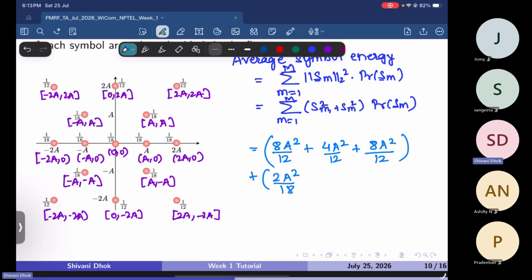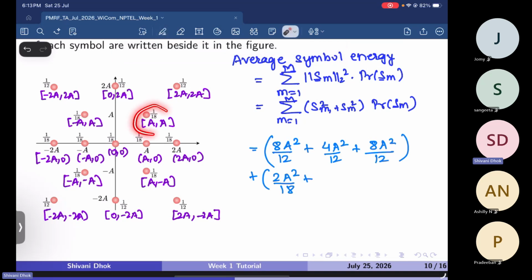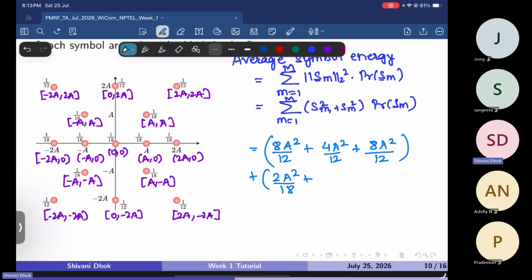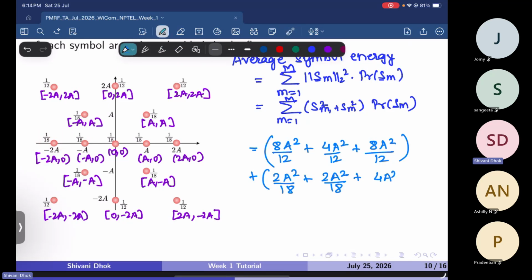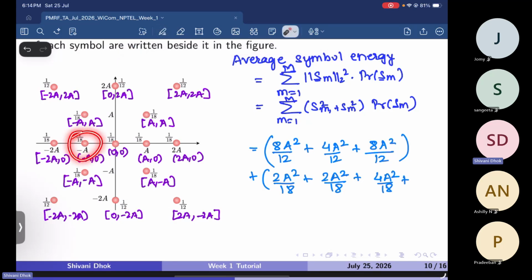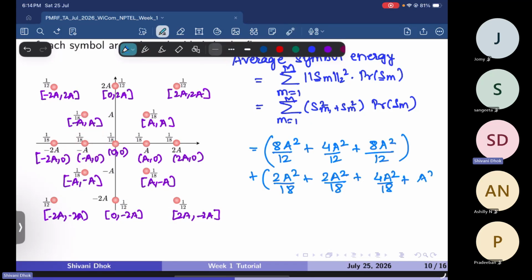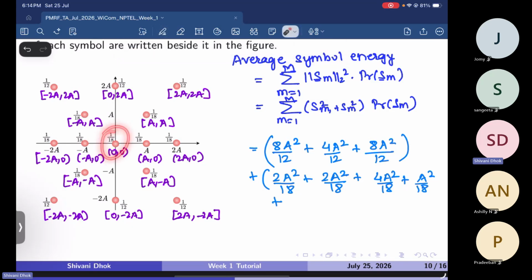2a square by 18. Plus you have a constellation point here, which again has a comma a, that is a square plus a square, that is 2a square by 18. Then you have a constellation point here, that is 2a whole square, that is 4a square by 18. Plus you have this point, that is a square by 18. Plus this is 0.